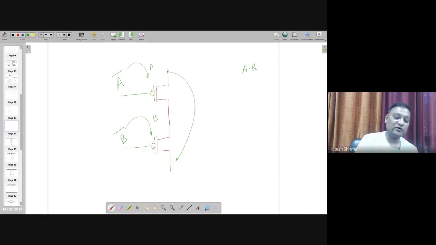So when you are going to give 0 as an input here, and this also 0 as an input, then this function goes here. Means instead of A and B, you are going to give A bar and B bar, right?